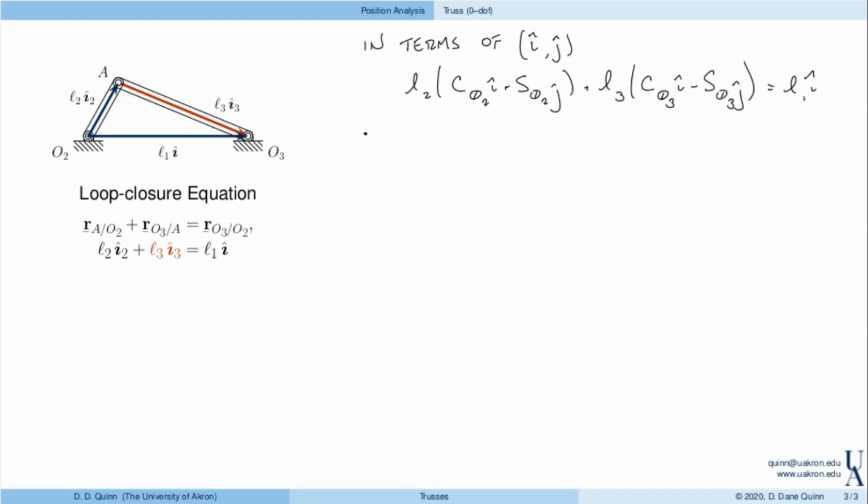In the I direction, this reduces to L2 cosine theta 2 plus L3 cosine of theta 3, and again I'm doing the unknowns in red, equals L1.